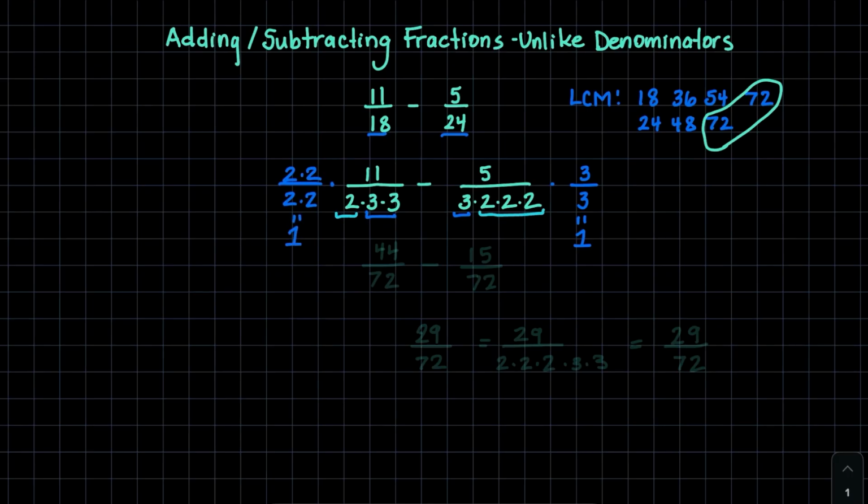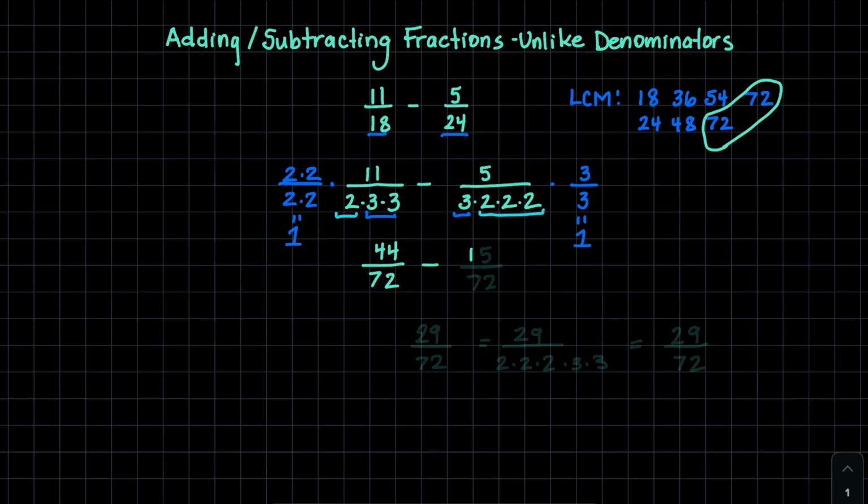So I still have equivalent fractions, but now this is a quicker, more efficient way to make sure you're getting to 72. So 2 times 2 times 2 times 3 times 3 is 72. So now my common denominator is still 72, and 2 times 2 times 11 is 44.